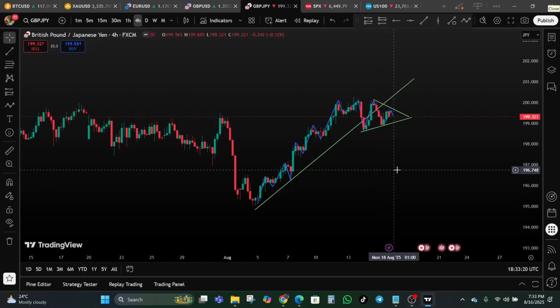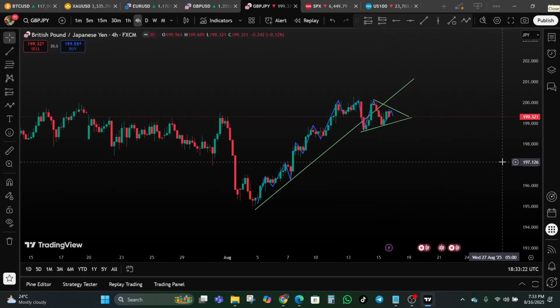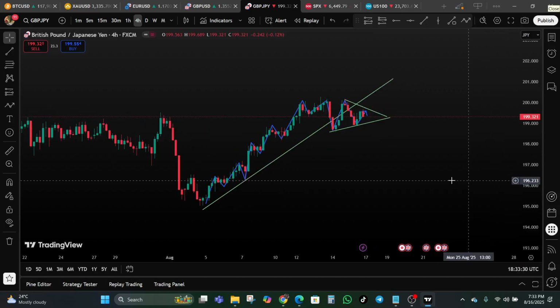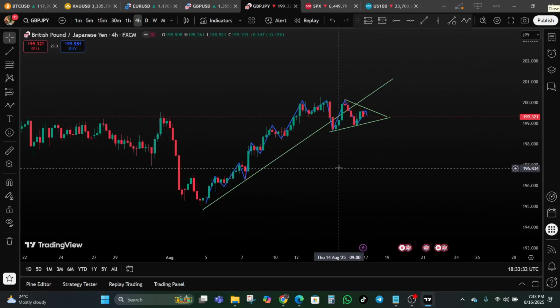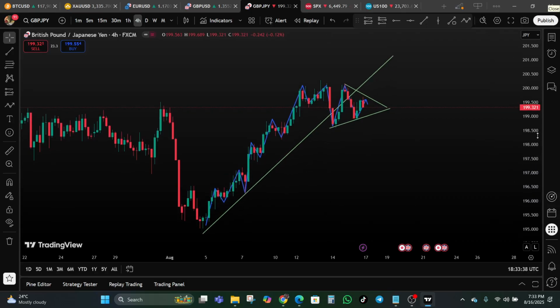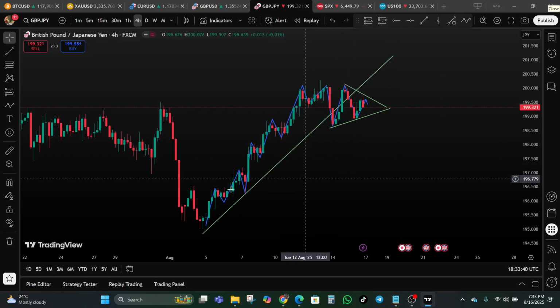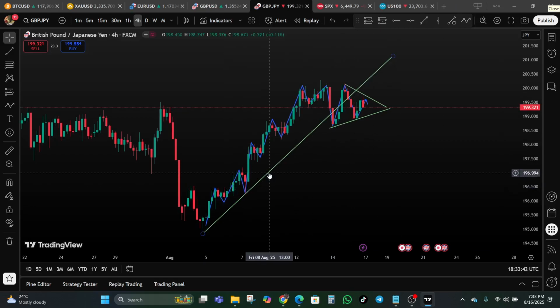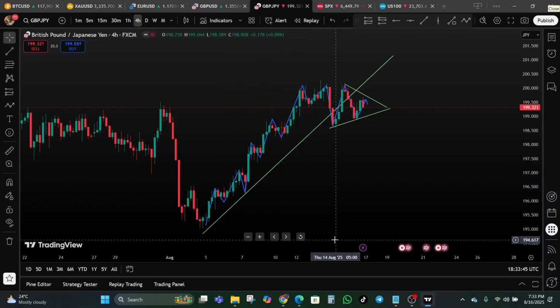Once it returns, you confirm with structure or liquidity sweeps, and then you can look for your entry. An order block is a zone where an impulsive move originated from.